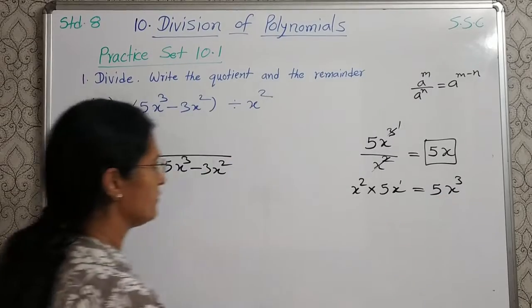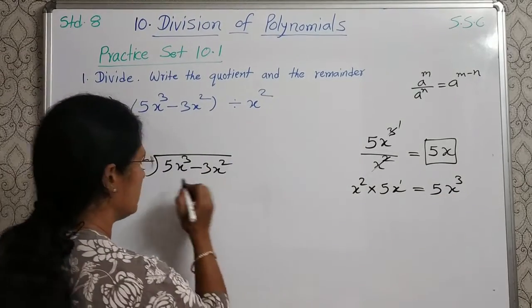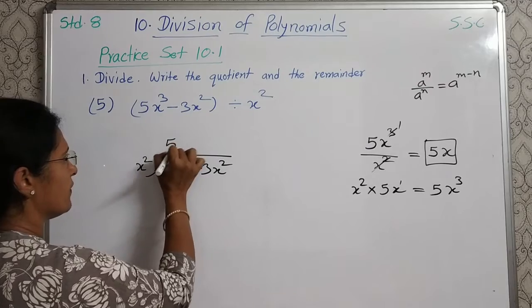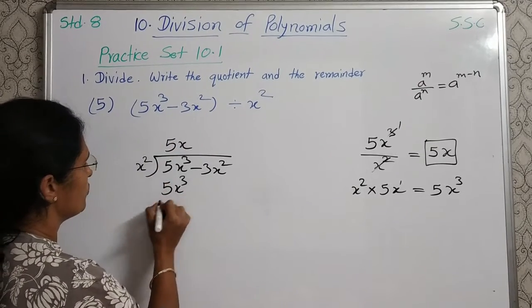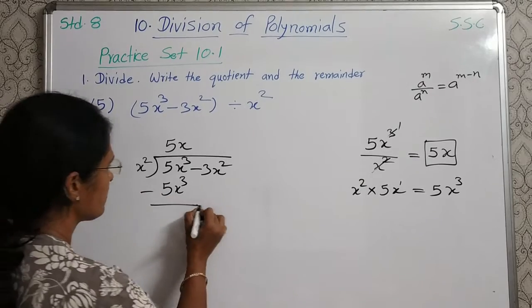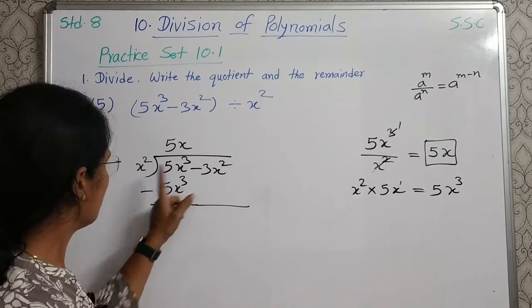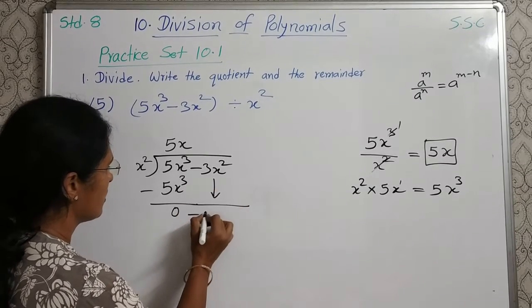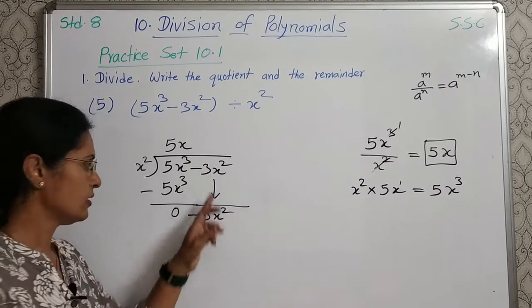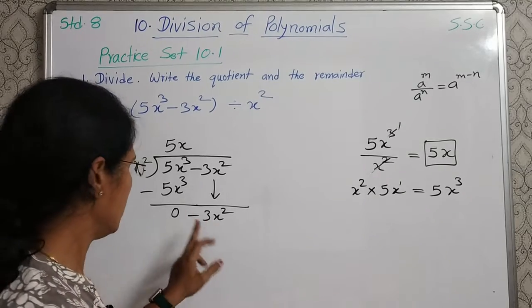So we get 5x cube here and write the quotient here, 5x, and subtract this 5x cube. Subtract. Now 5x cube minus 5x cube is 0 and this minus 3x square is the remainder now here.